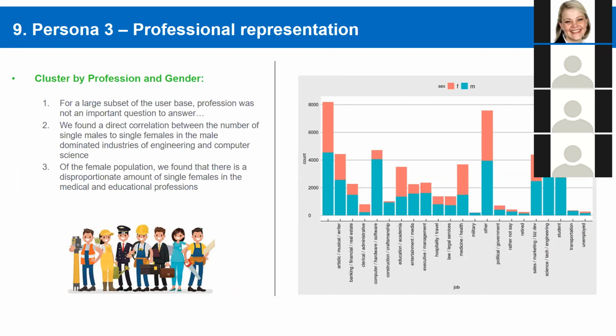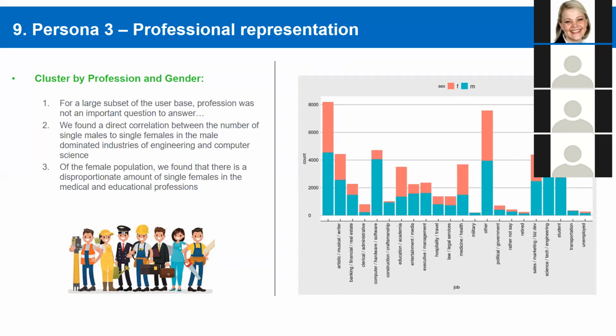Thank you, Nora. We then took a look at the professional representation. We found that for a large subset of our database, the profession they preferred either to not answer, or they wouldn't fit into any of the presets that were available to them.